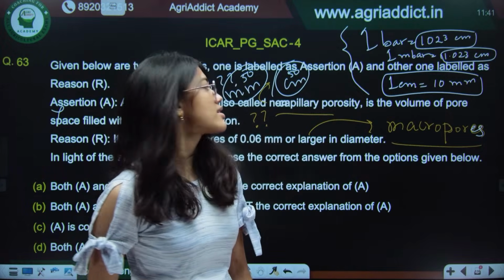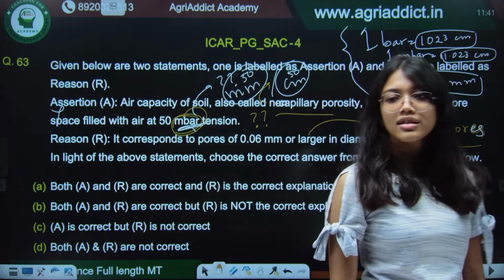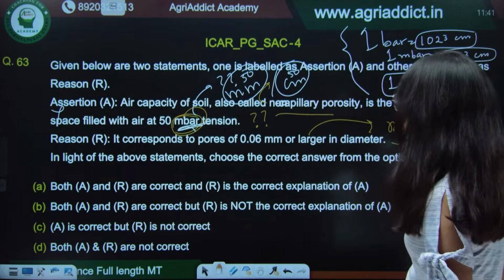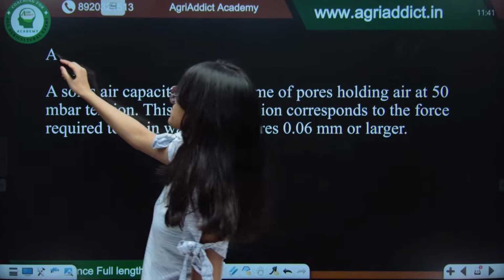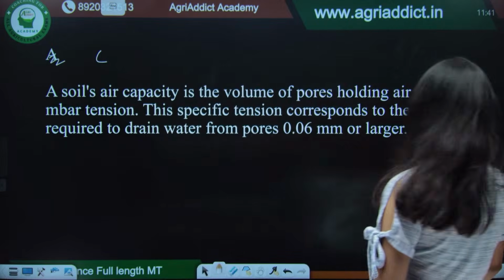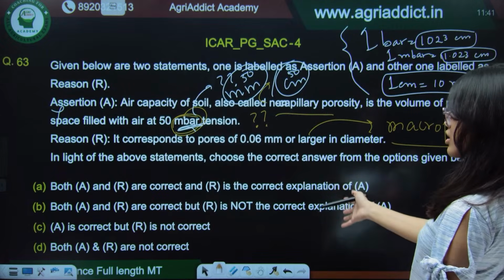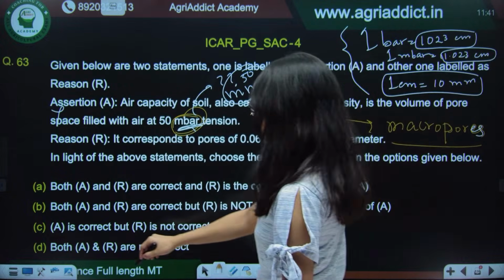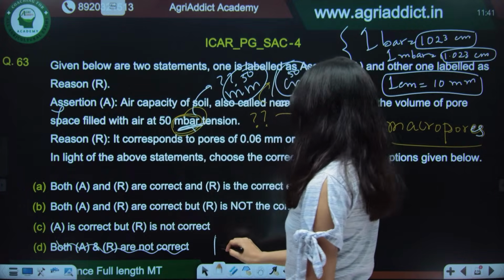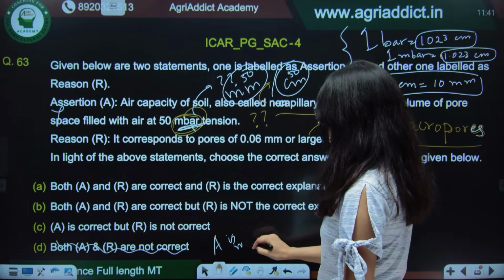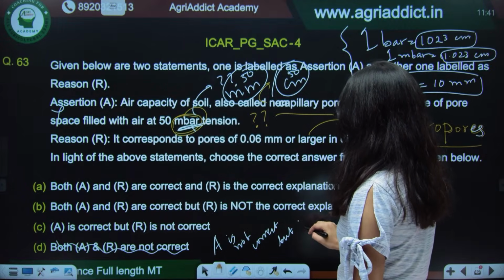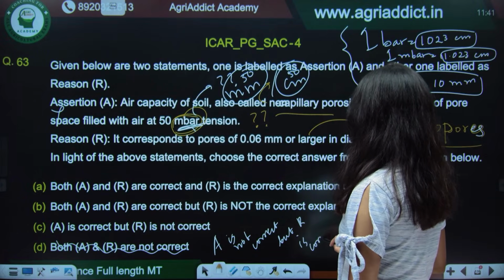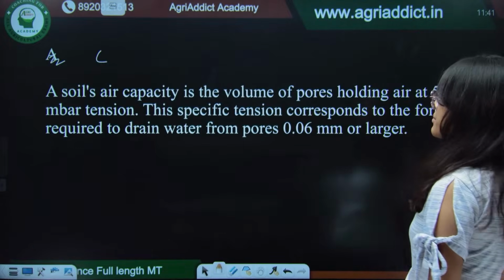So, from here you can see that 50 millibar is not the correct answer. It should be 50 millimeter of tension. So, please do not confuse that. It is not option A. Okay, now A is not correct, R is correct. So, I am writing here option number D.